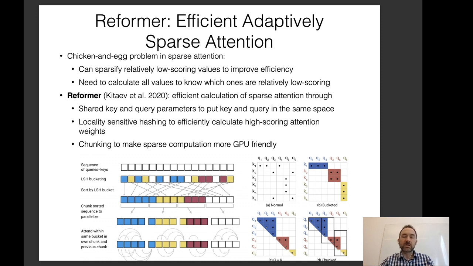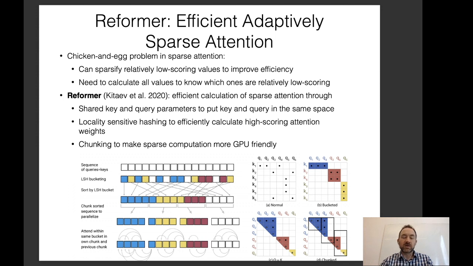However, if we want to do this with respect to relatively low scoring values, then we need to know which ones are relatively low scoring. And in order to do this, we need to calculate the full attention matrix, or at least, doing it in a naive way, we would have to do so. Because of this, it's non-trivial to achieve both adaptive sparsity and the efficiency gains that you can get from sparse transformers.